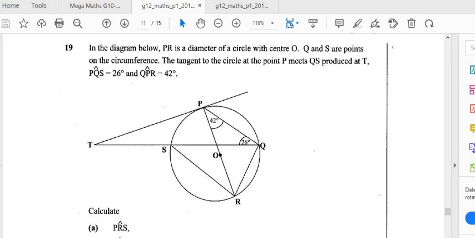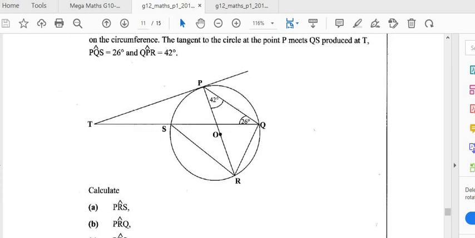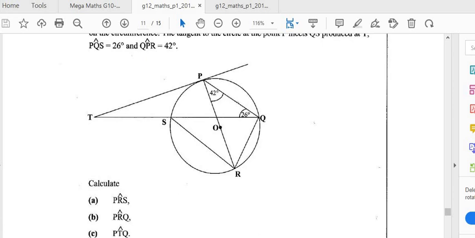So there is a question here which says, in the diagram, PR is the diameter of a circle with center O, and then Q and S are points on the circumference, and there's a tangent. So we'll look at the theorem when we do the tangent later on. But with that information, the question is to calculate the angle at R from P and S, and the angle at R from P and Q.